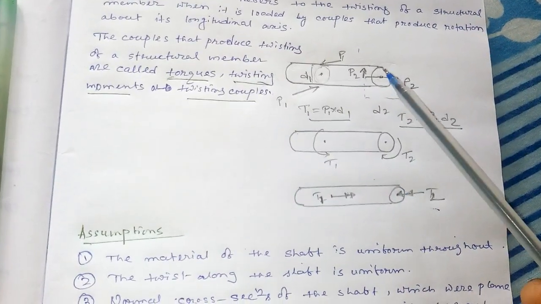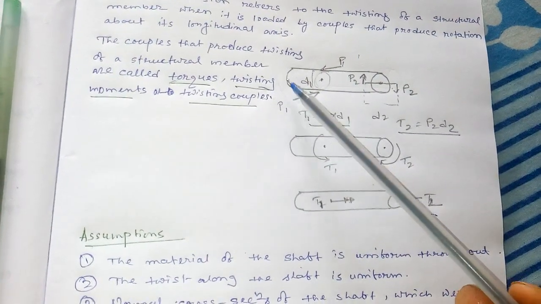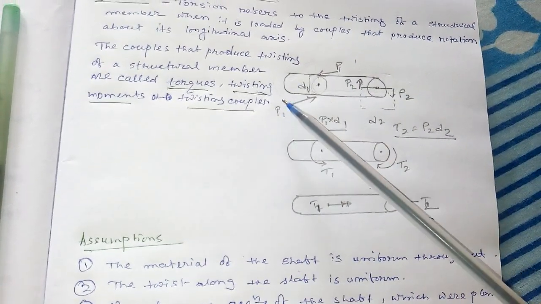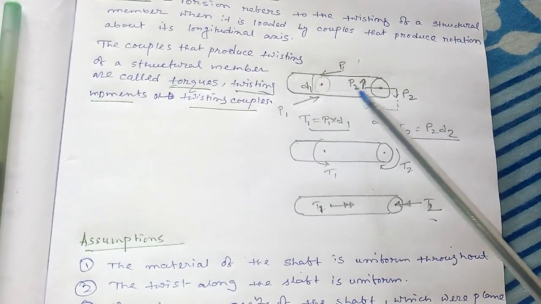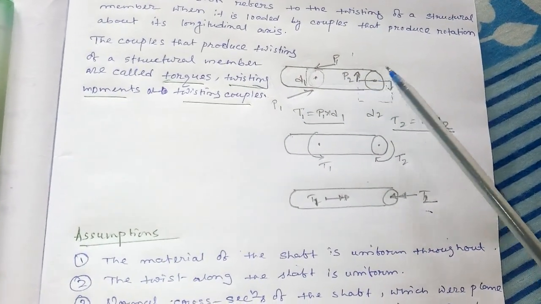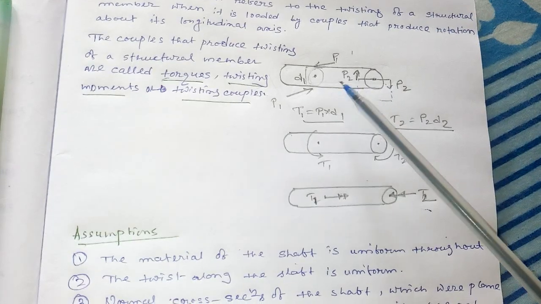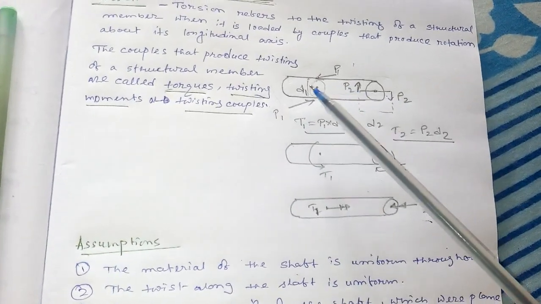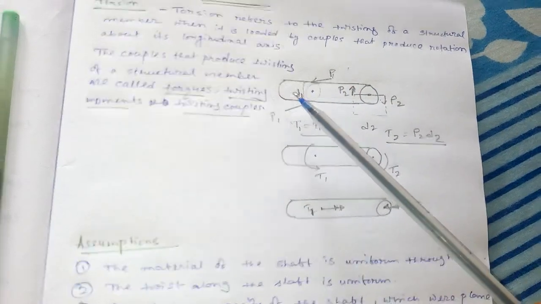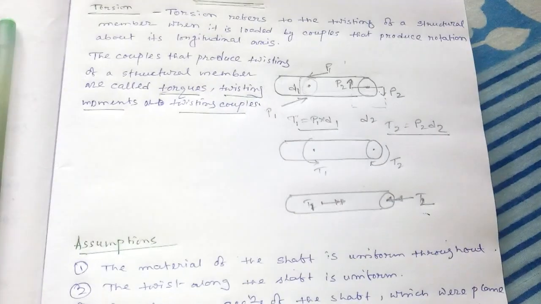That means if you apply a twist at one end and the other end is fixed, or you apply the same amount of couple, the distribution will be uniform. Throughout the body, the twist will be the same. This is the second assumption.